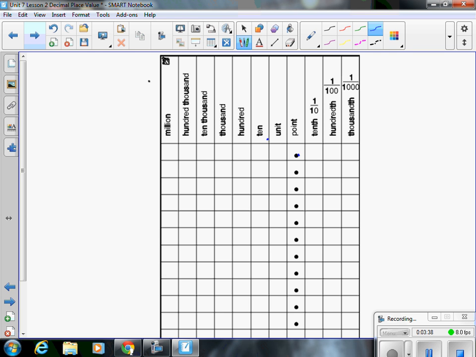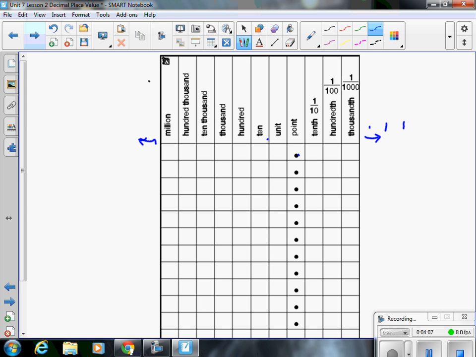You have millions over here, but it would go even further that way. And this way it would go further into tenths, hundredths, thousandths. Next would be 10 thousandths, 100 thousandths, millionths. So this one just shows part of that.